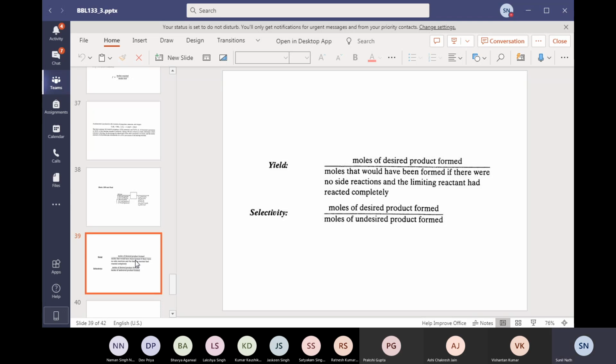Now, that's not the way we want to define product yield. If you define it this way, you will get a different number. This is a fraction, so if I multiply by 100, I will get a percentage. I will get a different number than if I define it differently.